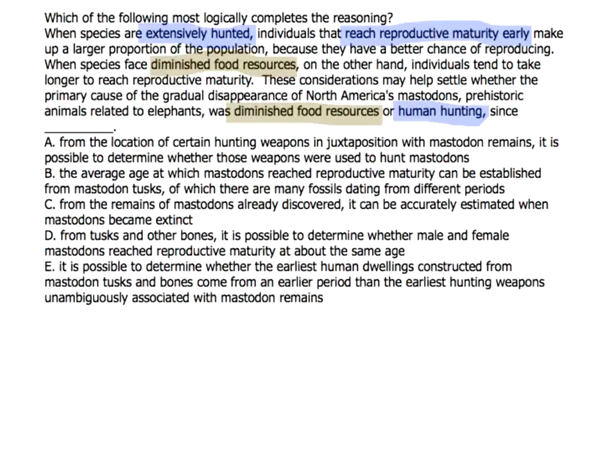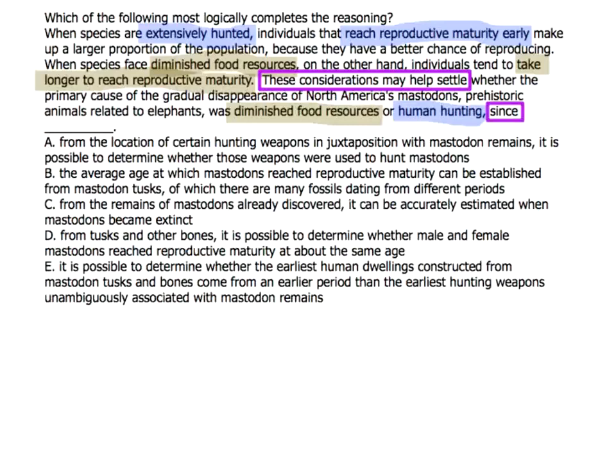Whereas when there's less food around, that goes with the idea of the opposite. There's your correlation. So then what we're looking for is that in the case of mastodons, these ideas can help settle that issue.